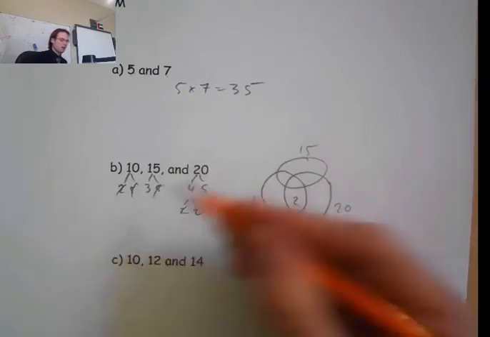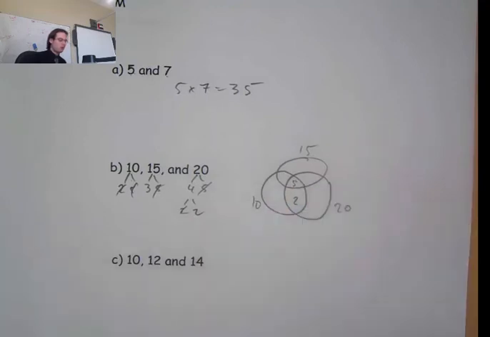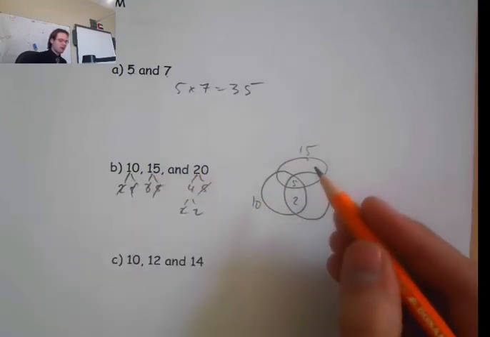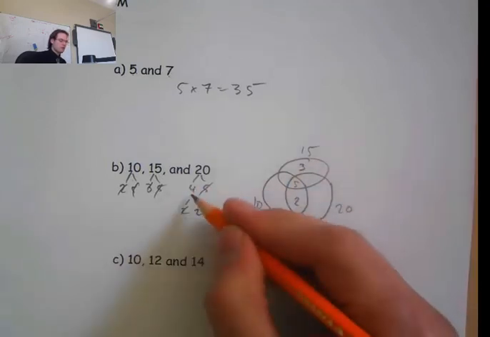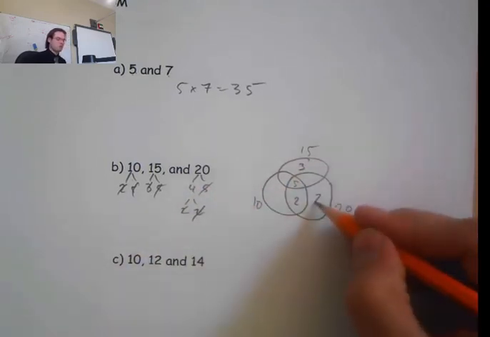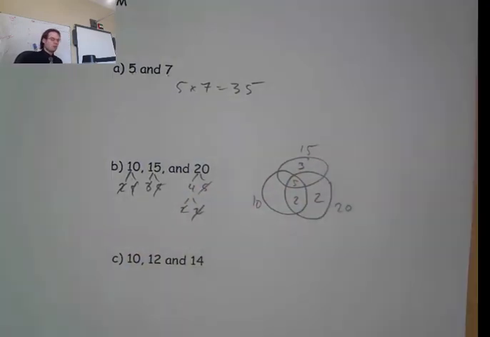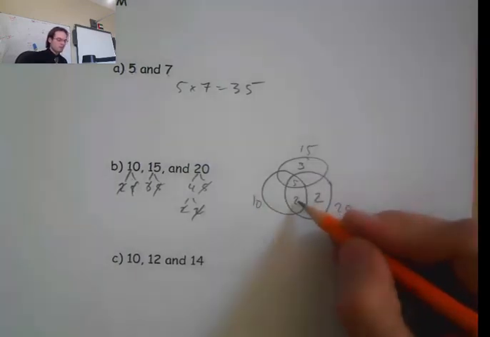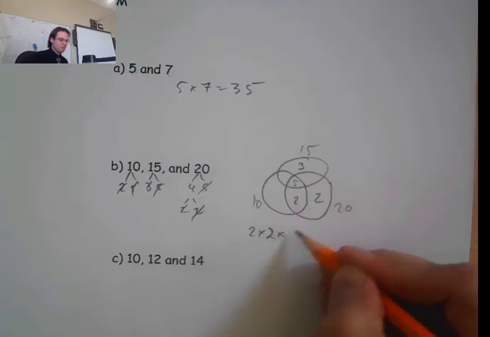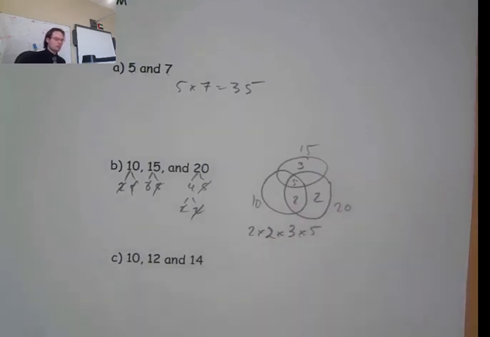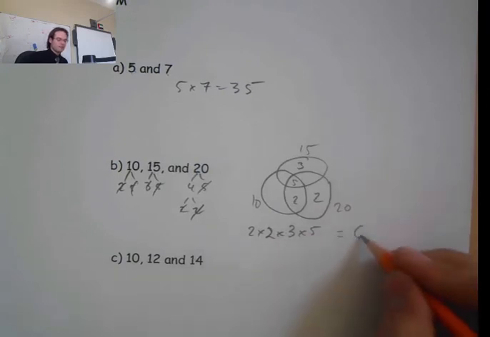Now 5, 5, and 5. 5 is shared among all. Then I have a 3 here and another 3. So the 3 is there. Then I have a 2 here, the 2 goes there. Okay? So I look at this, I have altogether 2 times 2 times 3 multiplied by 5. Okay? So that's going to give me 15 multiplied by 4, which is 60.